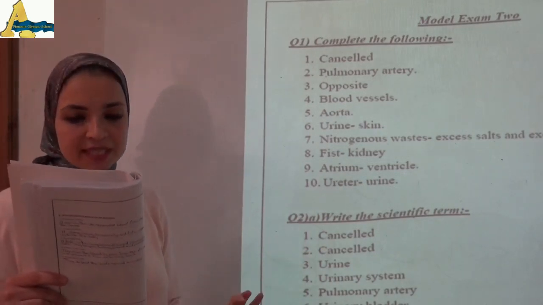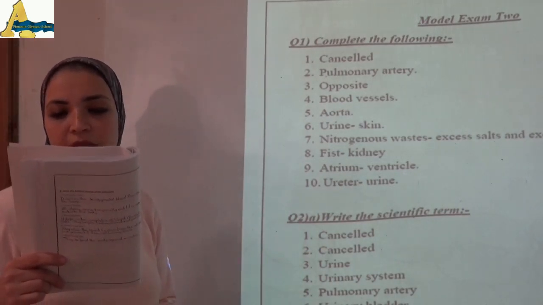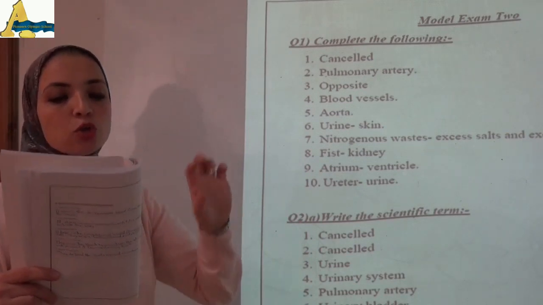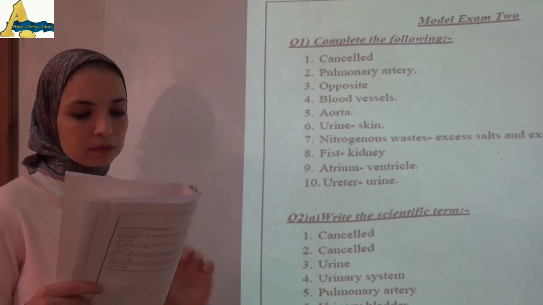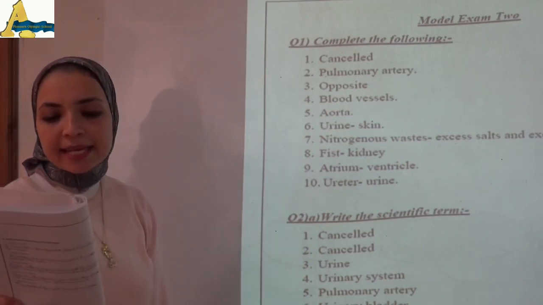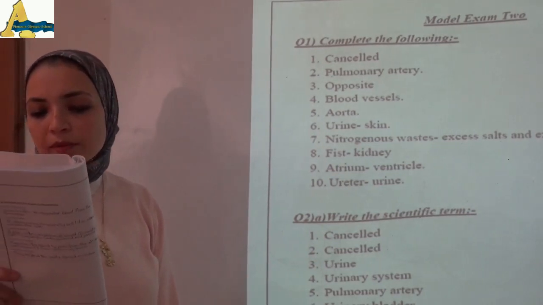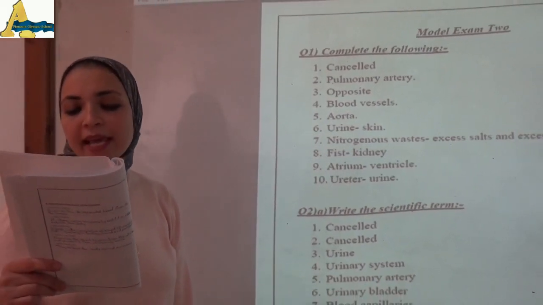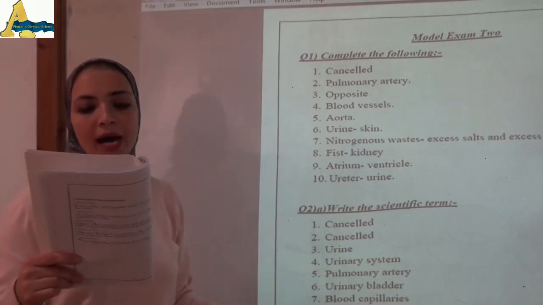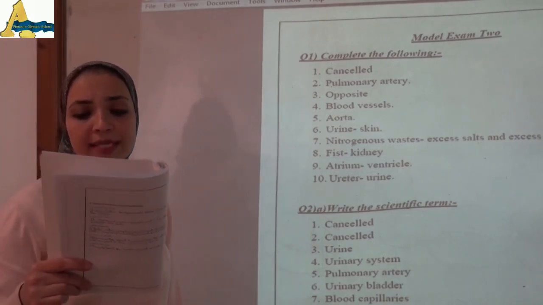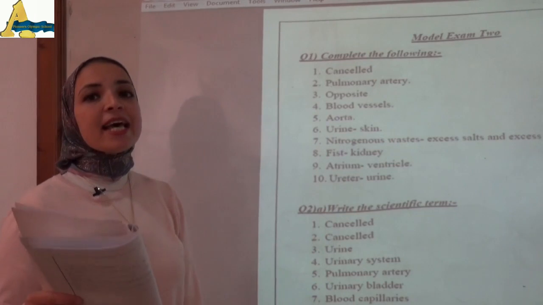What is the blood vessel that transfers the blood from the heart to all the body parts? The aorta. The kidney excretes the wastes dissolved in water in the form of urine, while what gets rid of waste in the form of sweat?